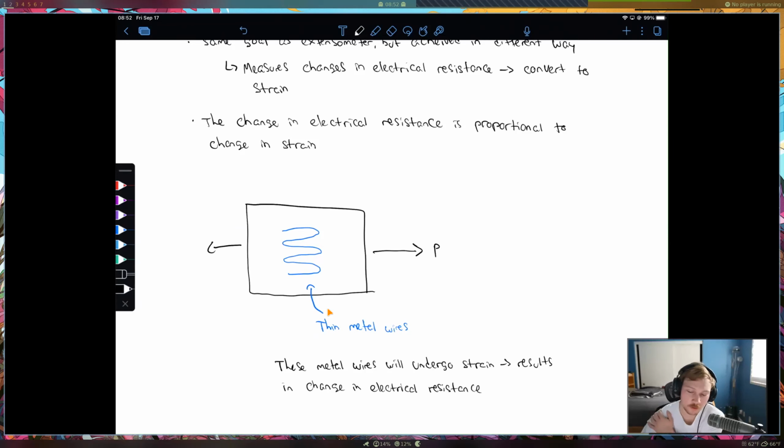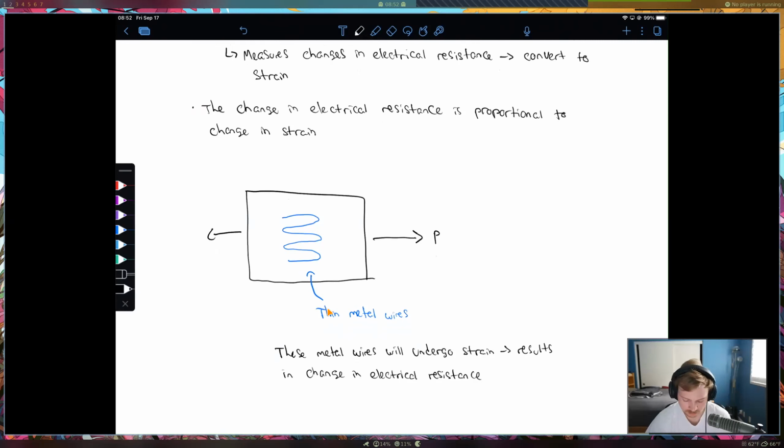Because they're undergoing strain, that's going to change the electrical resistance present in that wire. And then in the background, in our software and LabVIEW, it's going to convert that change in the electrical resistance to strain, and it's going to tell us that directly.